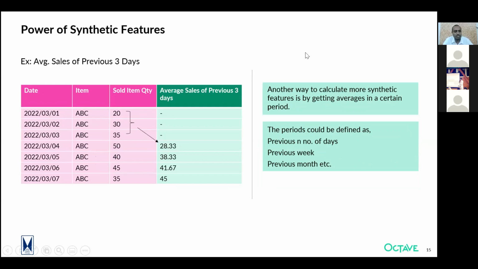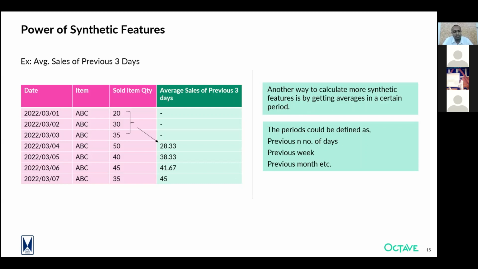Moving on, here we have a scenario where we have considered the average sales of the previous 3 days. It's the same example, but instead of taking the previous day's sale alone, here we have compiled a kind of moving average, right? For the first 3 data points, the average sale would be the previous day average sales for the next attribute.